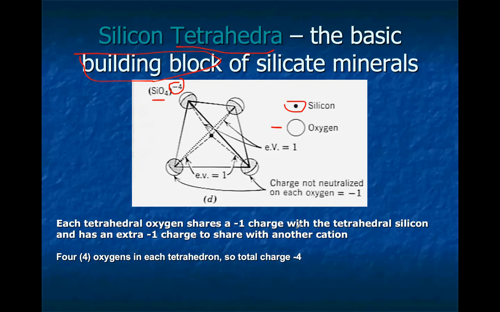It's a charged component. Each oxygen will have -1 because the other electron is shared with silicon. So the total charge is -4 in the silicon tetrahedra.